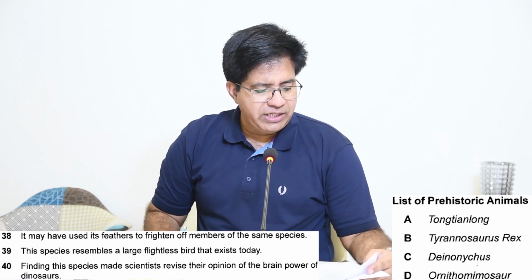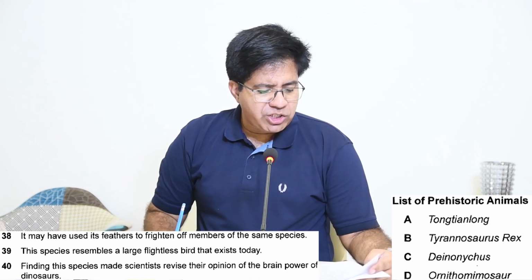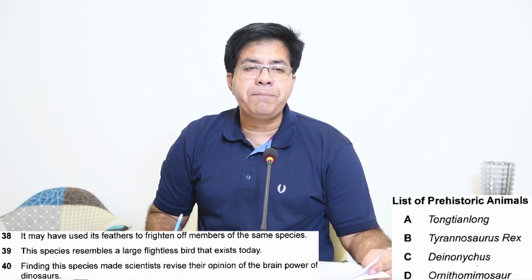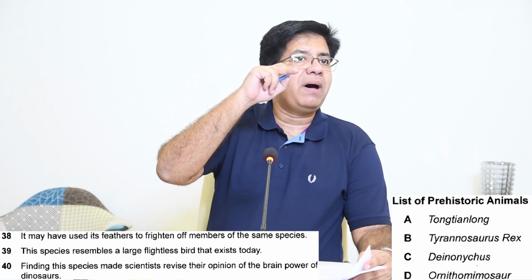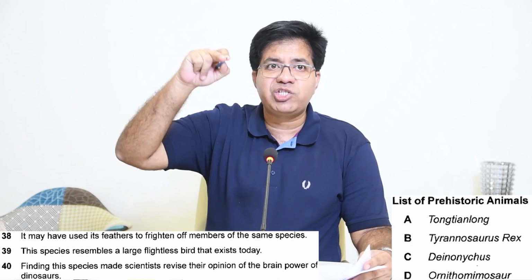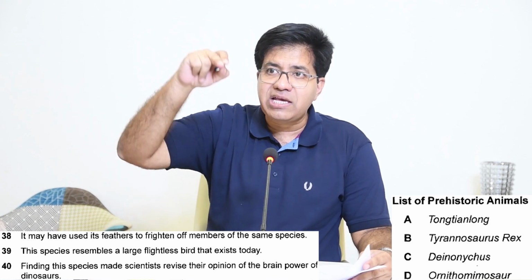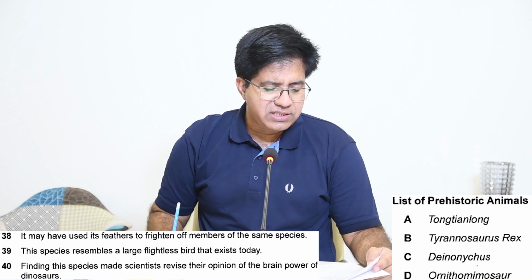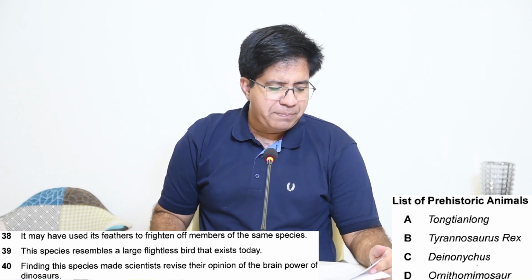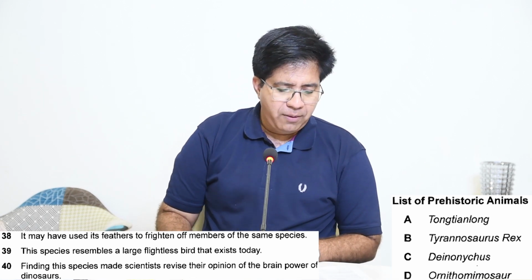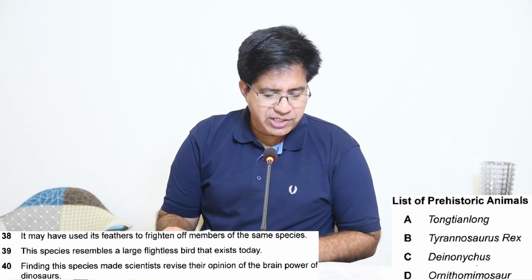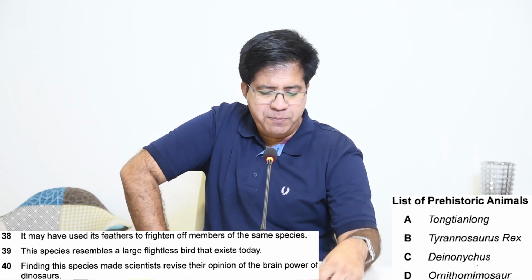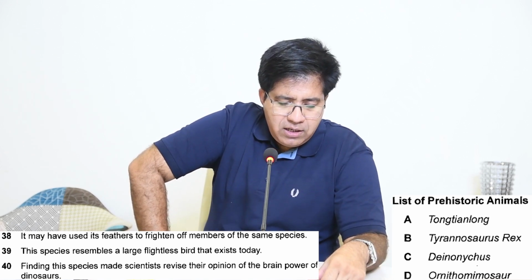Last question, 40. Finding this species made scientists revise their opinion of the brain power of dinosaurs. Brain power means brain, intelligent, intelligence, IQ, and all that. Look for brain, intelligent. 1, 2, 3, 4th paragraph. Exactly. So let's read it.